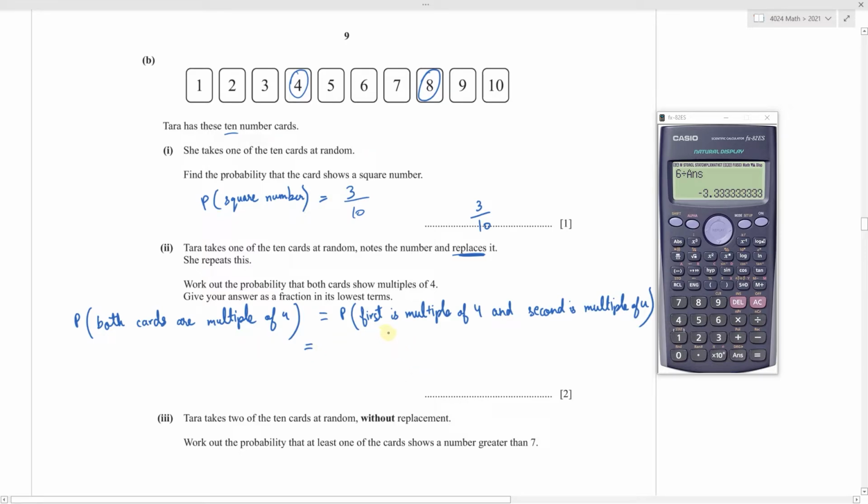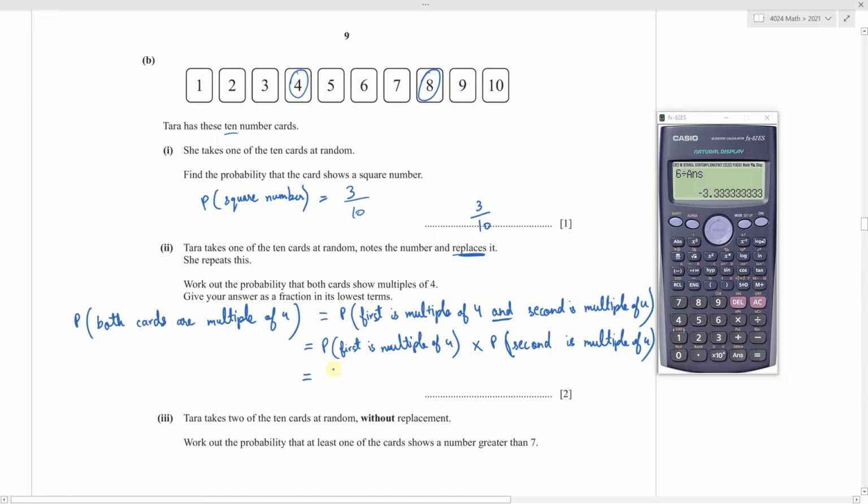So basically, you're going to multiply these two probabilities. Probability first is multiple of 4 multiplied by, because there is an and here, probability second is multiple of 4.